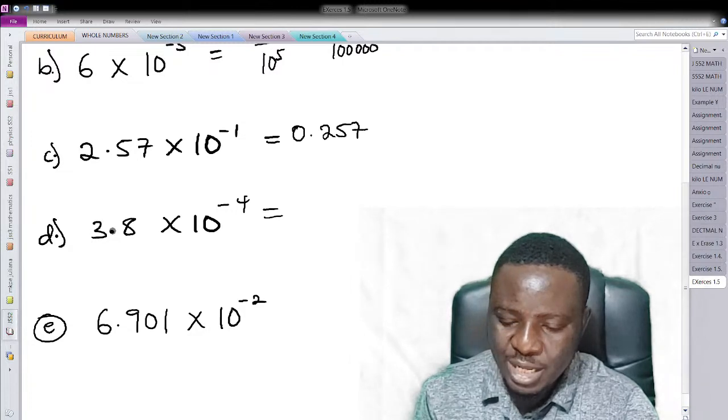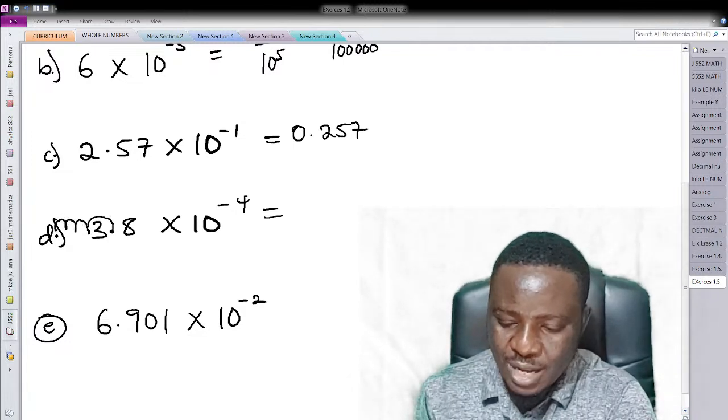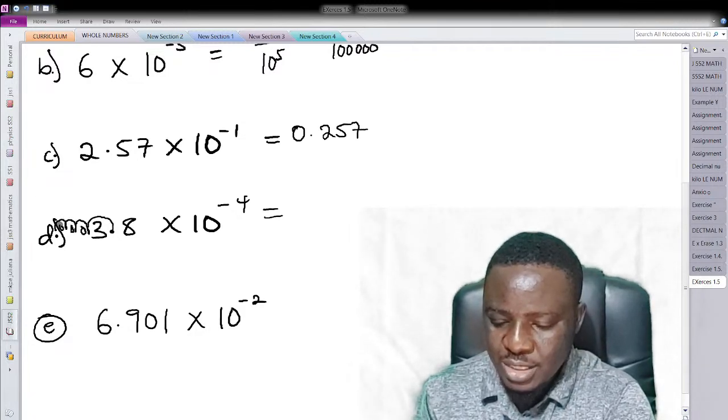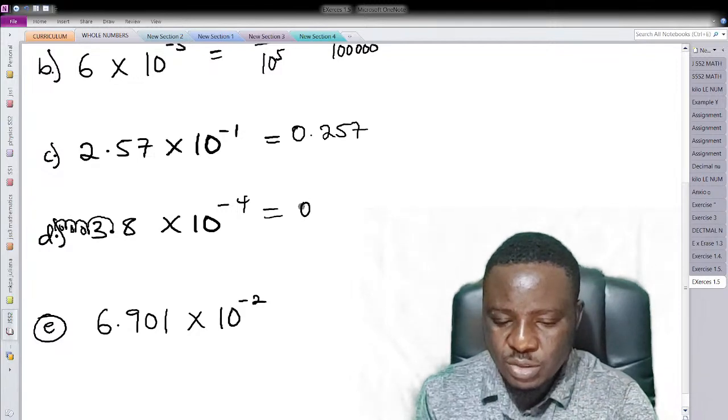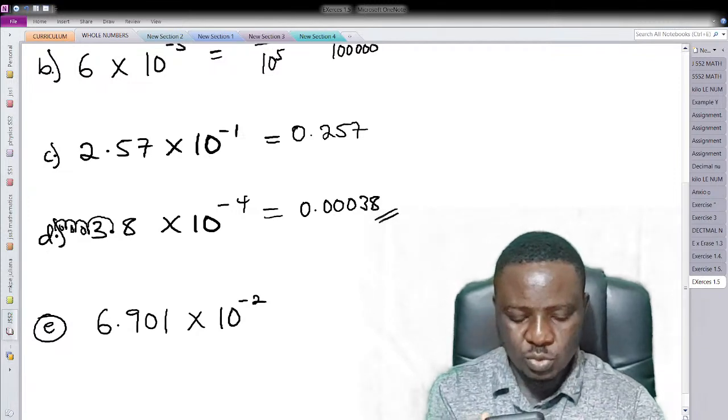Do you agree with me on that? Because this goes like this: 1, 2, 3, 4. Okay, so you have 0 at this point, 0 at this point, 0 at this point, and 0 here. So this gives you 0.00038. Okay, so this is what you get.